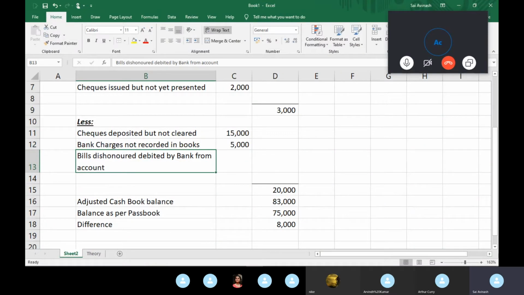So what am I saying here? I give the bank a bill. The bank was supposed to get value for the bill, but the bill was dishonored by Mr. A, which means that the bank will reduce the value from my bank account. But I did not come to know of it as of today. So my passbook is showing an extra value of 8,000. I'm just giving a random example.